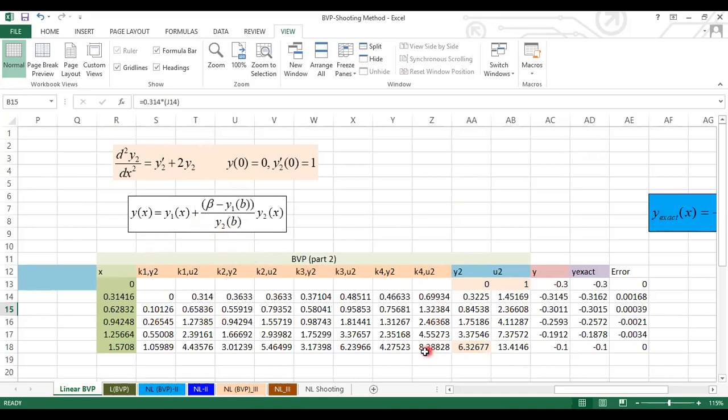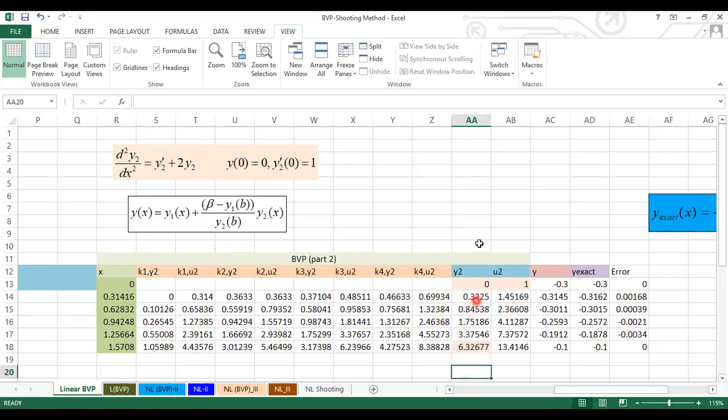Here the calculations are based upon the RK4 method. I have highlighted the initial conditions that we have considered for solving this problem. You may see that y2 of 0 is equal to 0, and y2 prime, which is identified in this calculation as u2, is equal to 1. So we have two solutions, y1 and y2. This is our second solution.